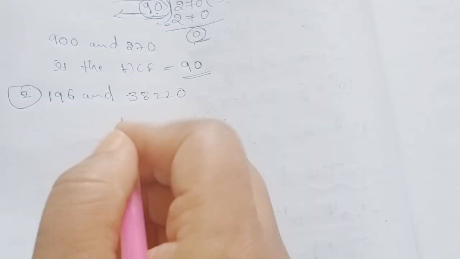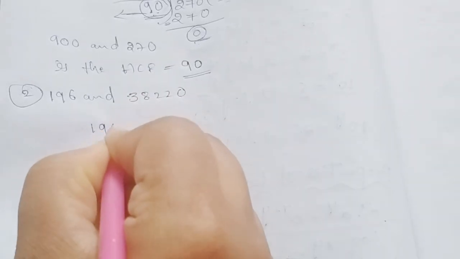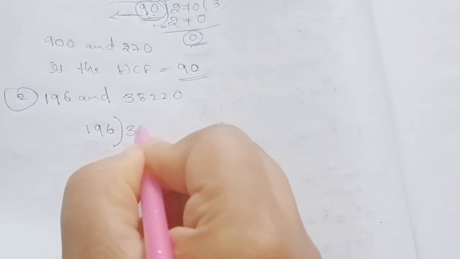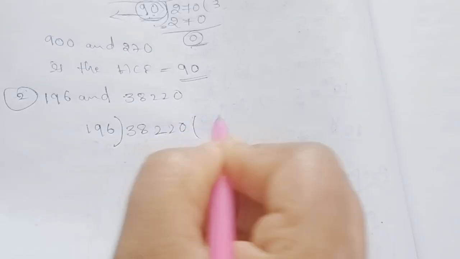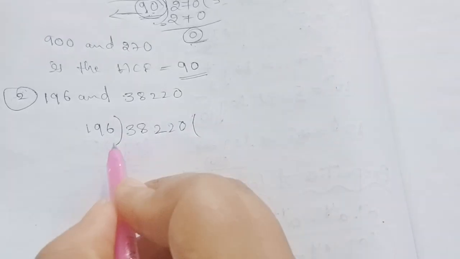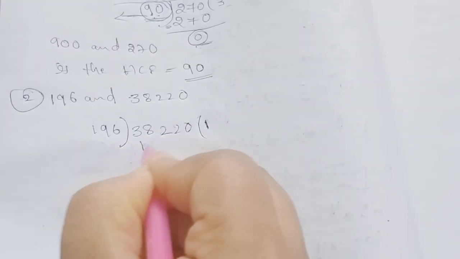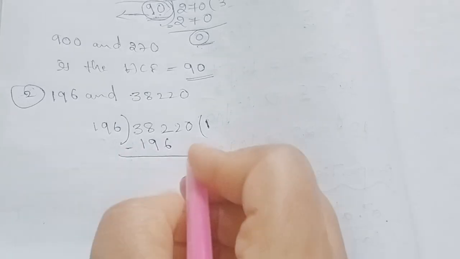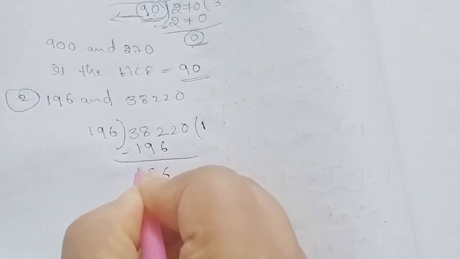So we can do the continuous division method. 196 is the divisor, 38,220 is the dividend. So how many times? 1 times 196 is 196. So subtraction, 68 1.